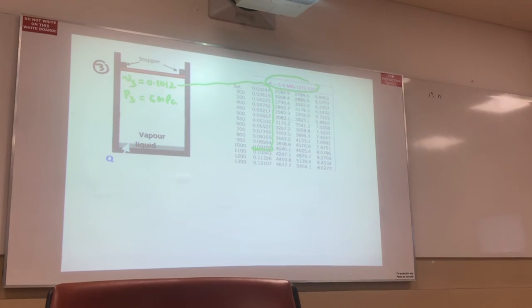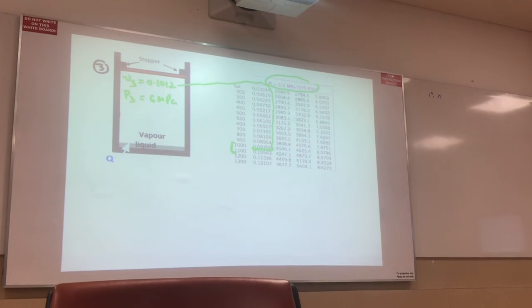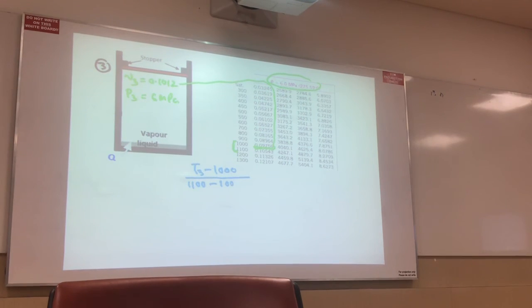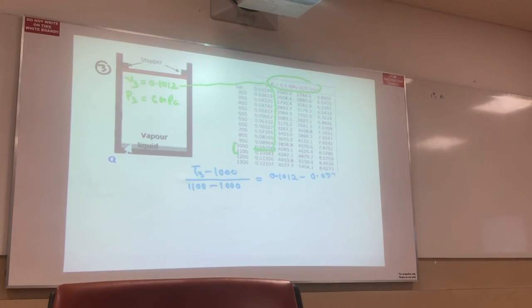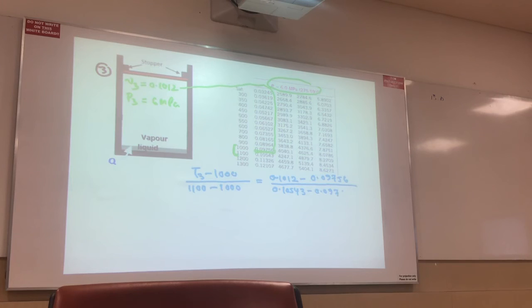Then the temperature is definitely between 1000 and 1100. Then I have to do interpolation. Interpolation tells me (T3 minus 1000) divided by (1100 minus 1000) is equivalent to (0.1012 minus 0.09756) divided by (0.10543 minus 0.09756).